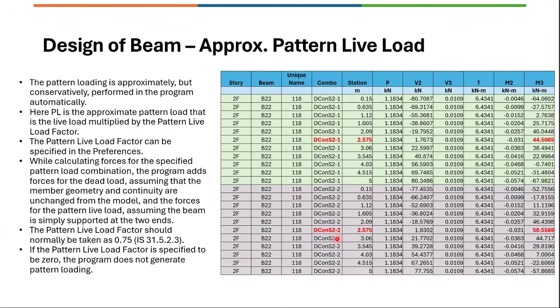You can see the second case is giving a larger midspan moment, and this will be used in the design. So whenever you see the analysis force output of a beam and the design force for the same beam, it could be different because of these reasons.